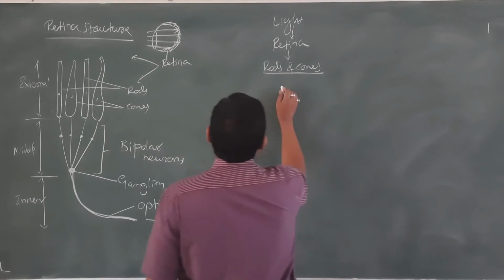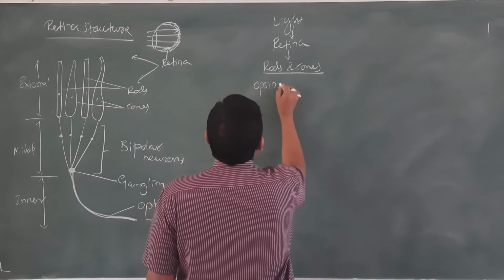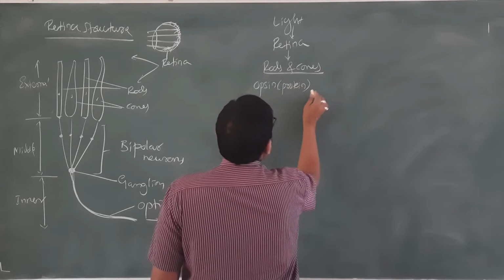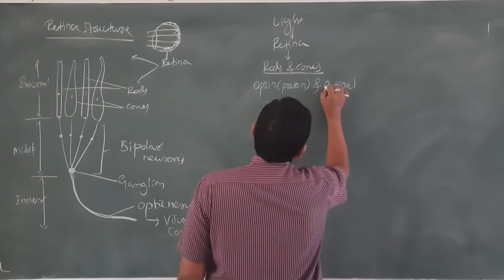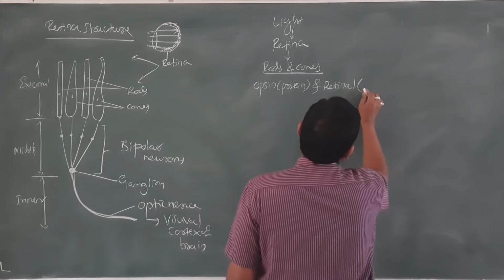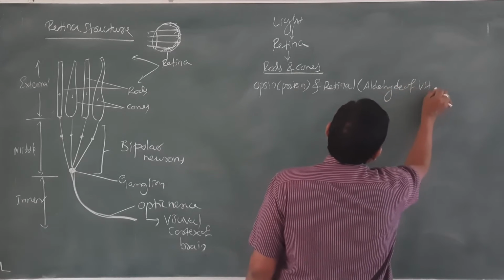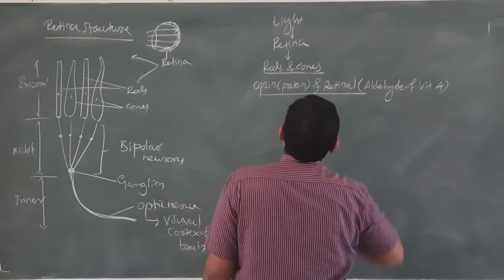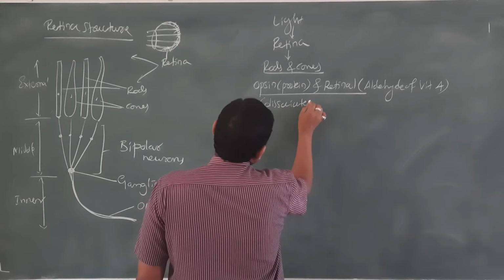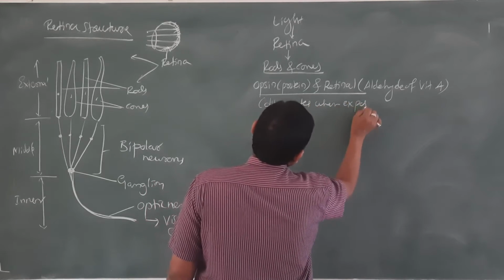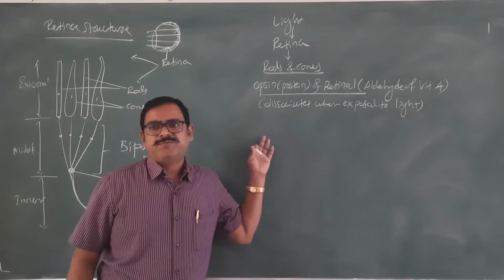They have opsin, which is a protein, and retinol, which is the aldehyde of vitamin A. These two components get dissociated when exposed to the light.